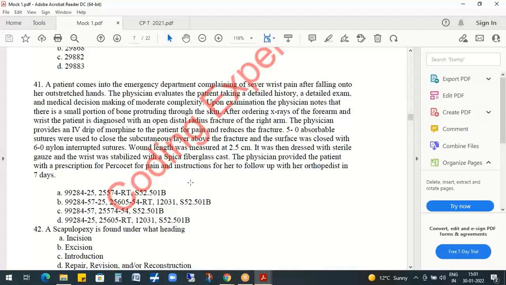Here it says open. Now you can rule out based on CPT also here. 25574, 25605. Sir, 25605 is closed and 25574 is open. What is performed here, closed or open?